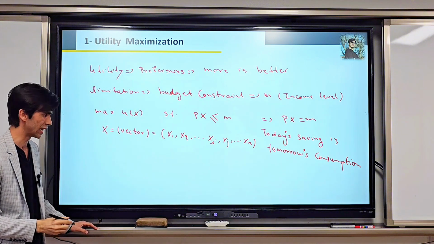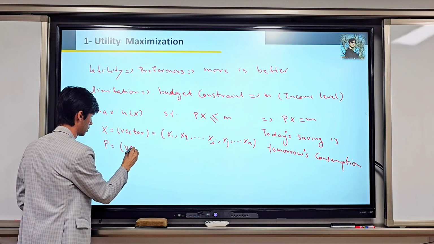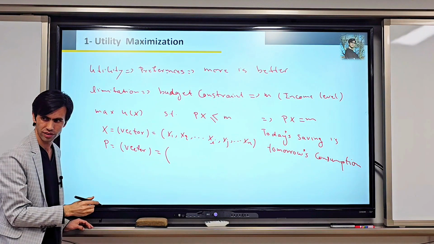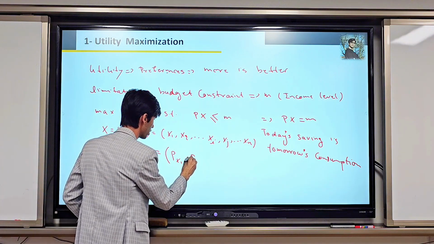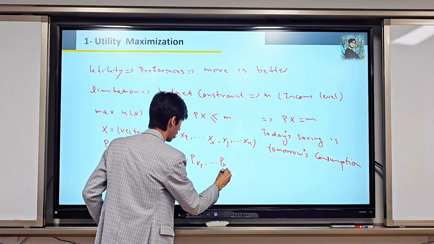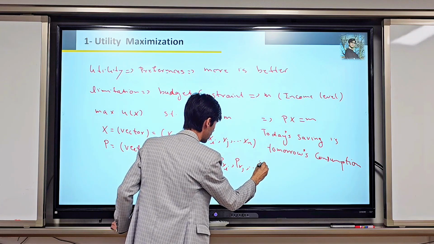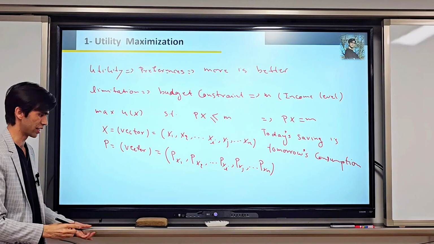And also the P is also a vector, because for each good we have a price: the price of X1, the price of X2, the price of Xi, the price of Xj, and finally the price of Xn.